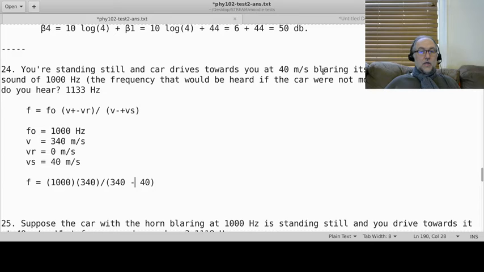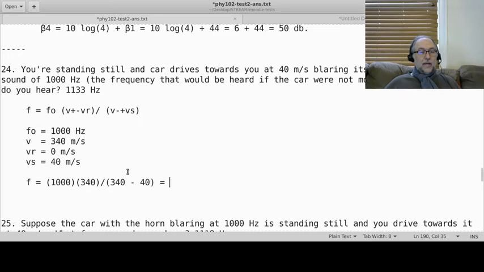Because when the source, the car, is approaching the receiver, the frequency goes up. In other words, when a car that's blaring its horn is approaching you, you hear a higher frequency than you would if it were standing still. So you want to subtract there. And that's the way I make the decisions. I just ask, do I expect the frequency to be higher or lower? Then I choose the sign that will give me the higher or the lower frequency accordingly.